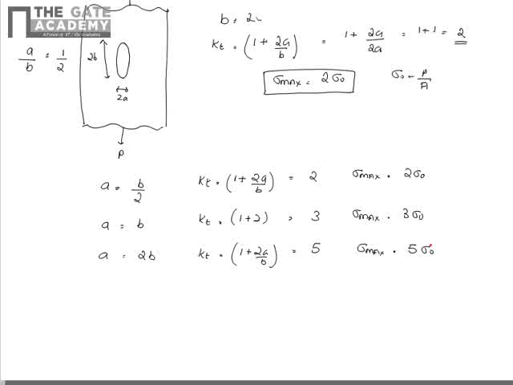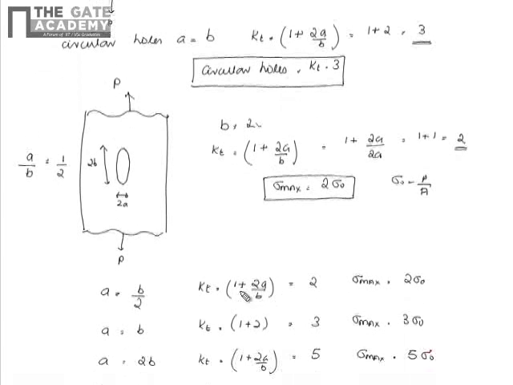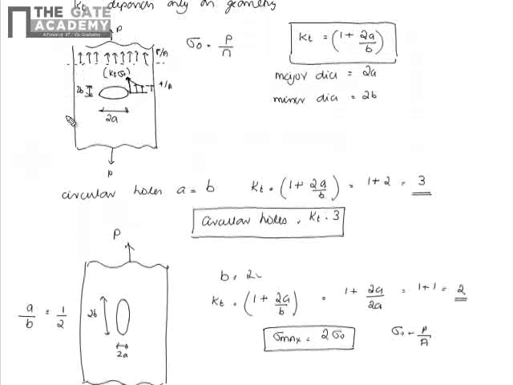Therefore we can see the stress concentration factor. A is equal to 2B is this case, and A is equal to B by 2 is this. So this case can be considered as A is equal to 2B, and this case is A is equal to B by 2. So in this case, the stress concentration factor is 5, whereas in this case, the stress concentration factor is 2.